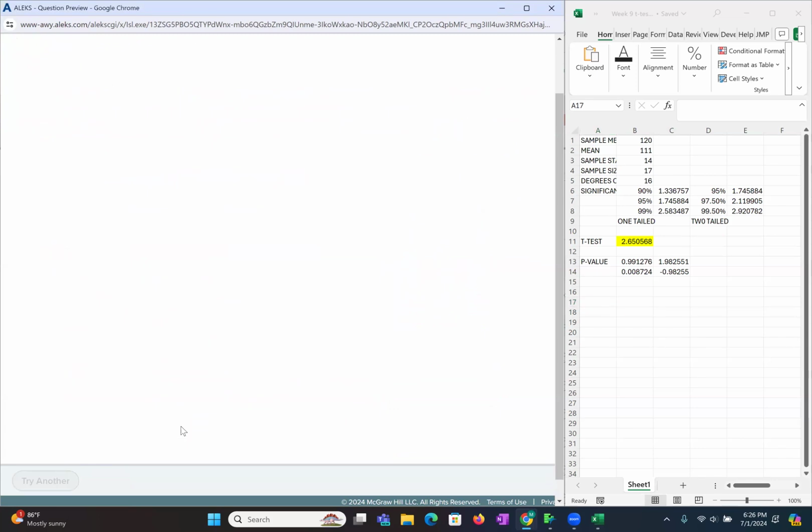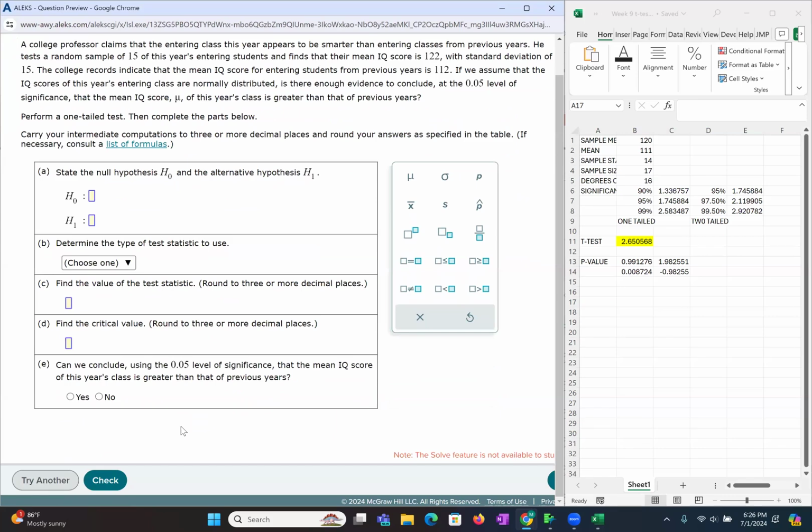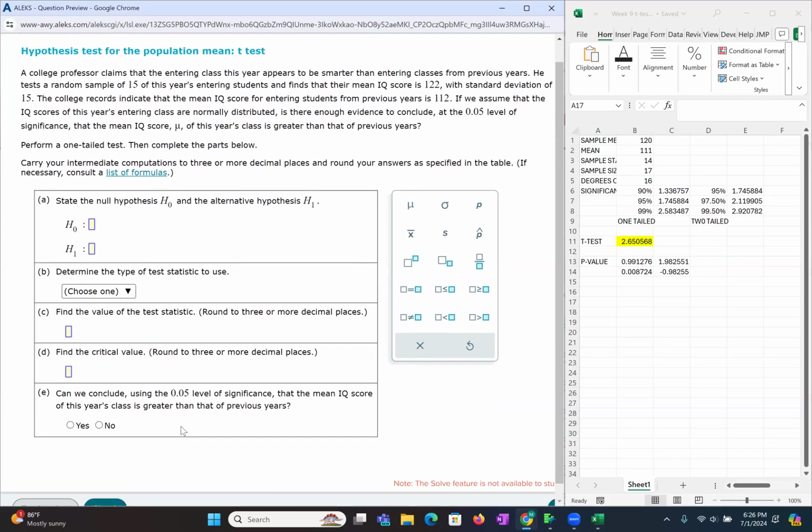Here you go. Sample size. 15, right? Finds the mean IQ of 122 with a standard deviation of 15.